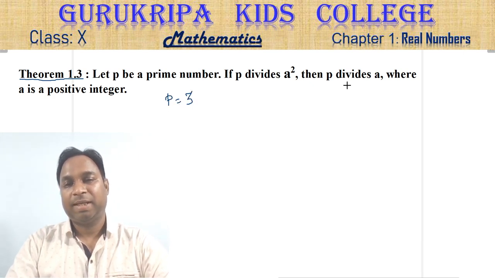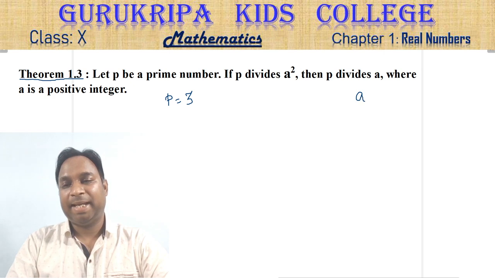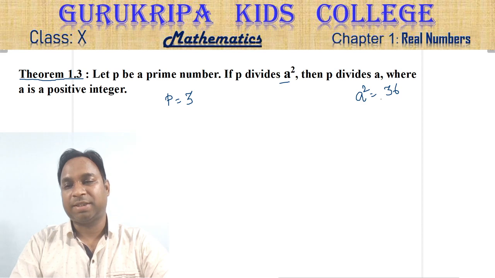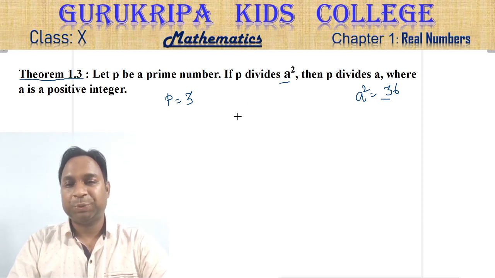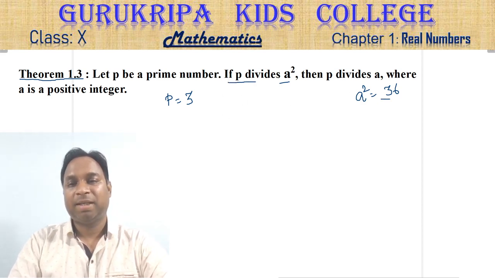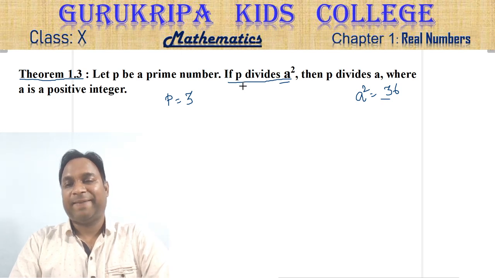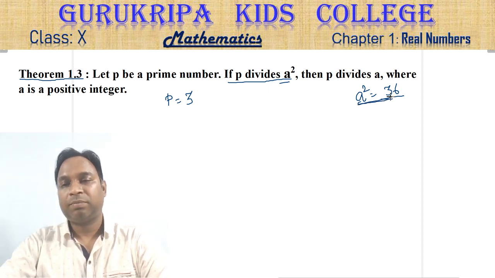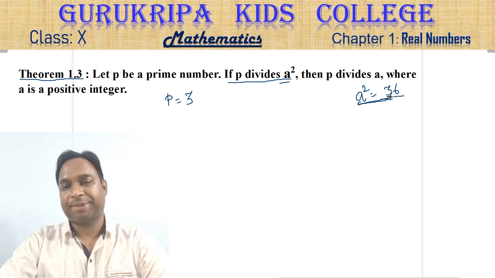And let a be equal to what can we take a? 6. Sorry, a square is 36. Let p be a prime number. p divides a square. a square is 36. So p is dividing a square. Is 3 dividing 36? a square we have assumed to be 36. p is dividing this 36.